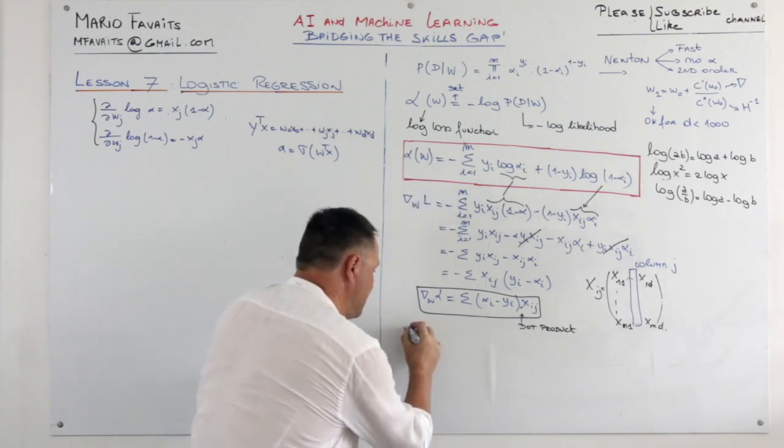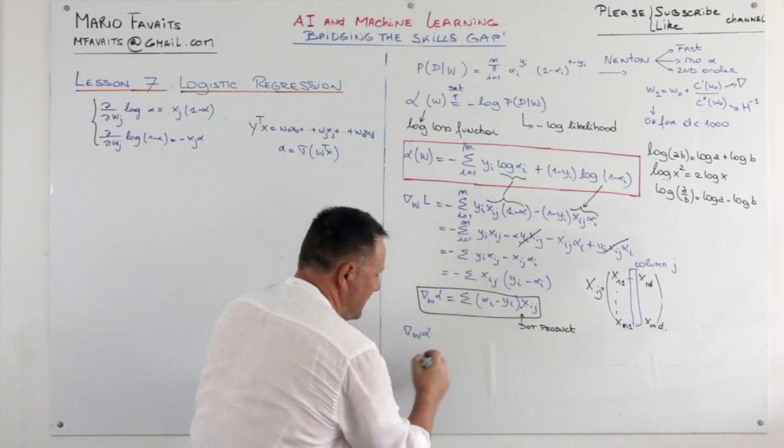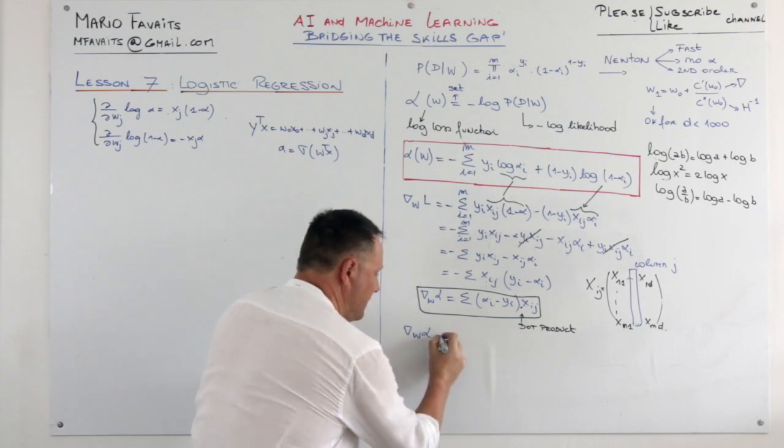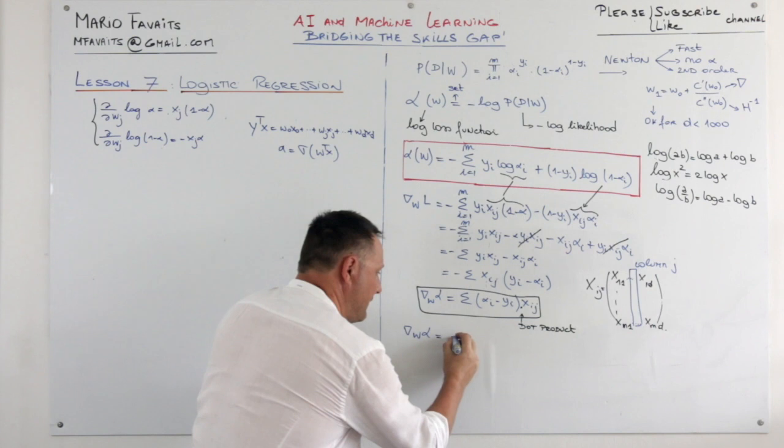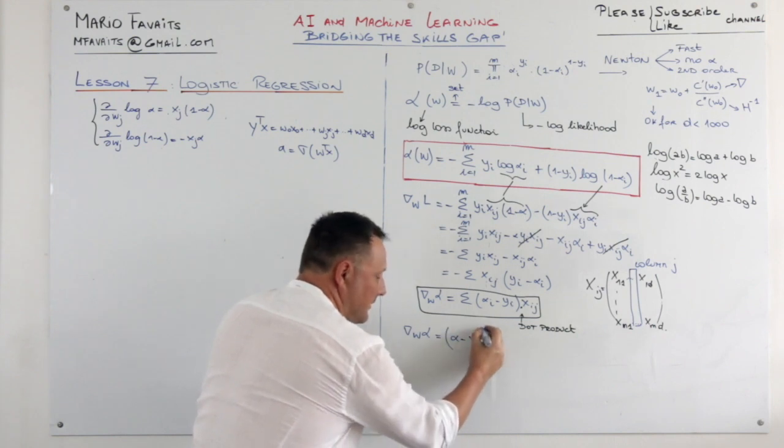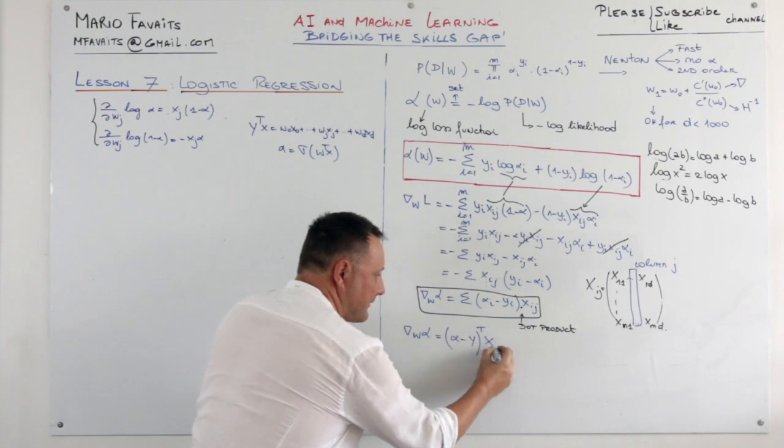So we have that the gradient with respect to w of L equals alpha minus y, and we're gonna transpose this times x.